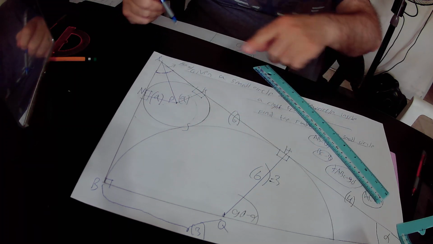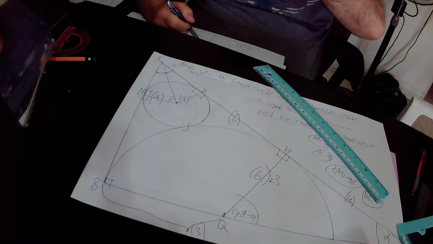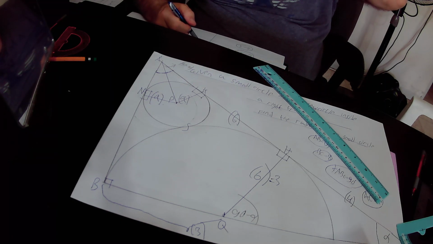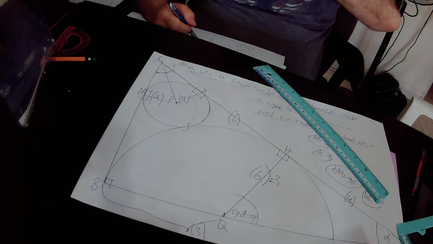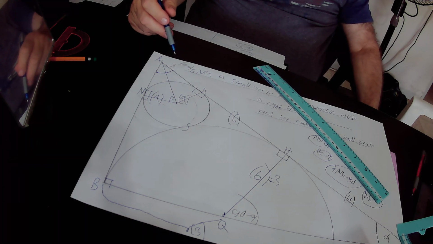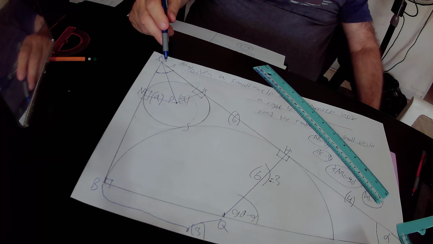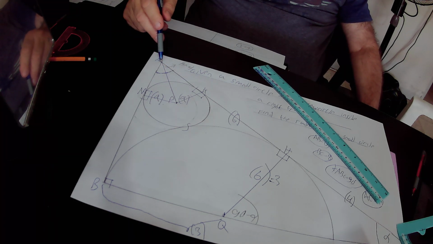You can see here that the angle bisector of angle A passes through point P, that is the center of this small circle. If we define the size of angle A as 2 theta, then the angle bisector PA bisects angle A into 2 halves.